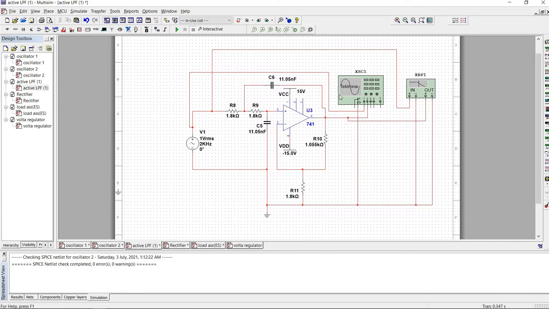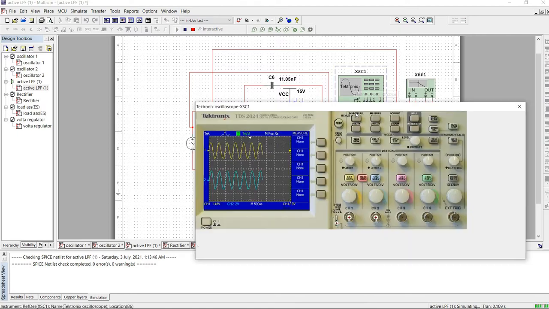So I put a Tektronix oscilloscope and a Bode plotter to observe my output as I run.